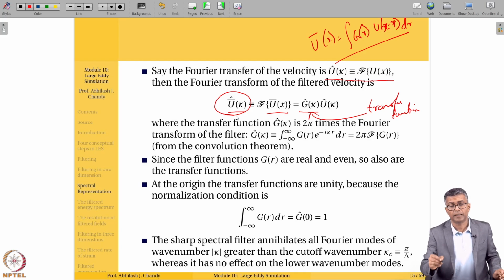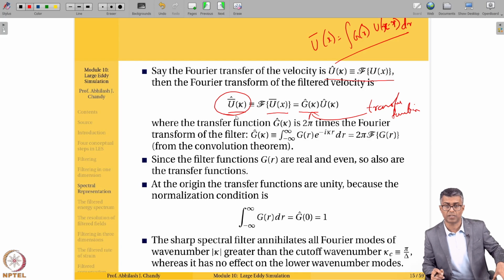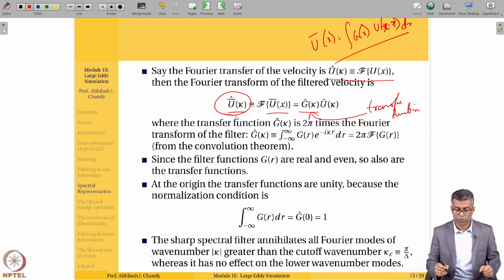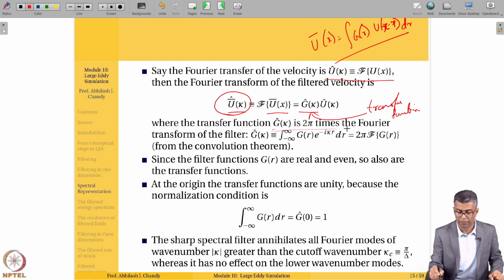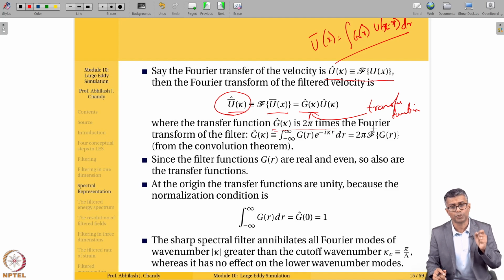So if I take the Fourier transform on both sides, I will have u bar hat of kappa equal to g hat of kappa, which is the transfer function, basically the Fourier transform of the filter function, multiplied by u hat of kappa, which is the Fourier transform of the velocity field itself. Okay, so g hat of kappa, as I've written here, is 2 pi times the Fourier transform of the filter.